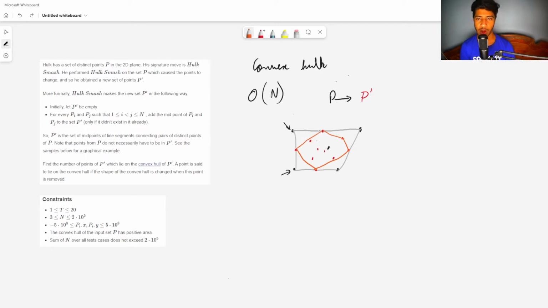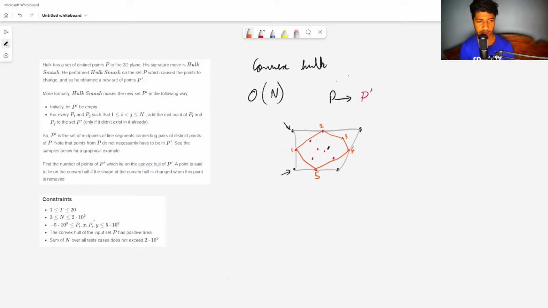So what will be your output for this set of black points? Your output will be 5, because you have 1, 2, 3, 4 and 5 points. Removing any of these 5 points will change the convex hull, but apart from that, the convex hull does not change. Now let's take a look at the constraints.